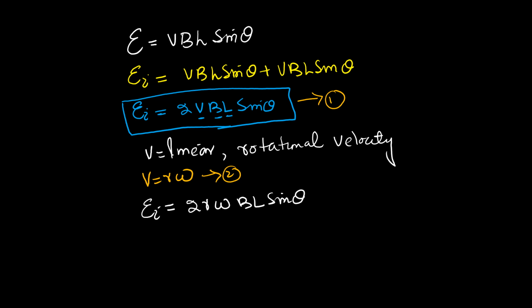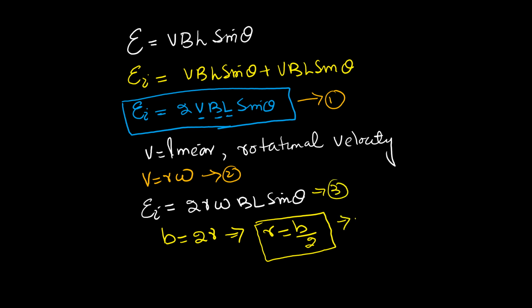Now, dear student, please keep in mind that the radius represents half of the cylinder, so half of the armature. So the breadth of the cylinder is equal to 2 times the radius of the cylinder, and then the radius becomes b by 2, half of the breadth of the cylinder. Suppose this is equation number 3 and this is equation number 4, we can incorporate equation 4 in equation 3.